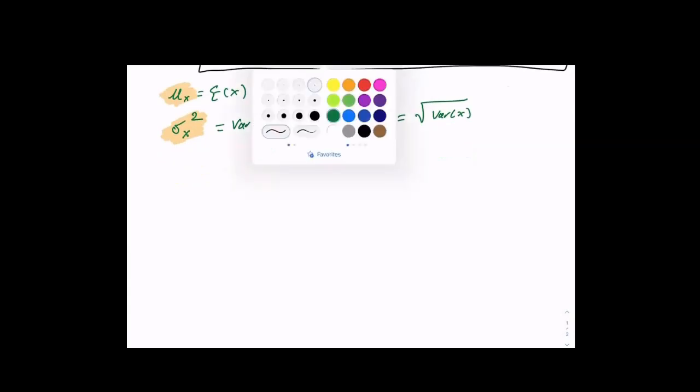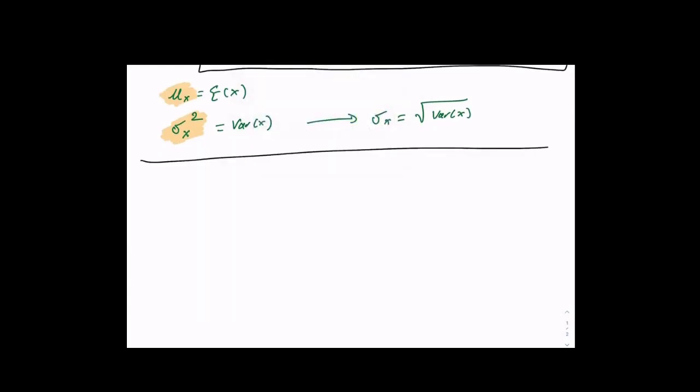Now, standard deviations are trickier than means. Remember that. One of the key things to doing these types of problems is to remember that standard deviation doesn't work like the normal pieces.